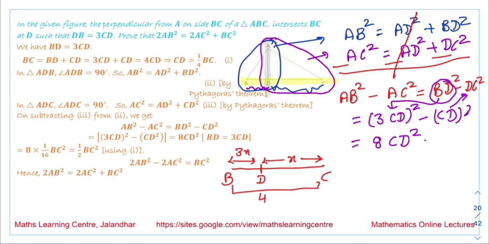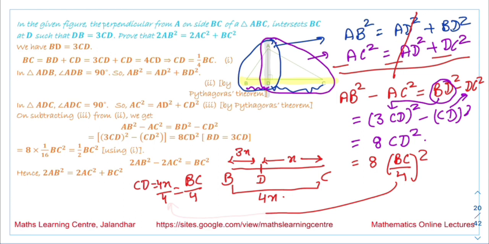So the total length BC is 4X. So CD is equal to BC over 4, and CD square is equal to BC square by 16, so 8 times CD square is 1 by 2 into BC square.